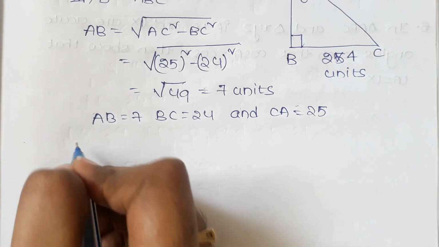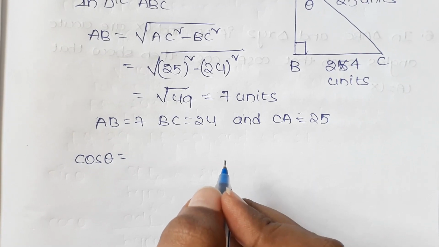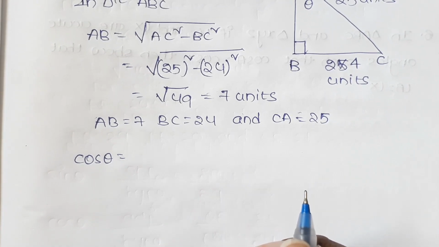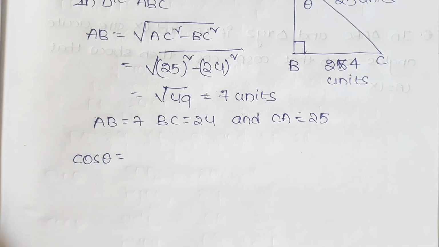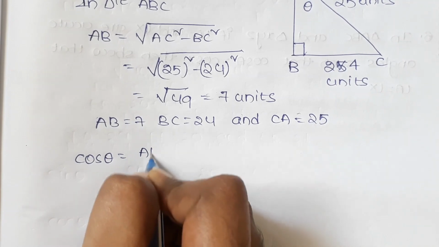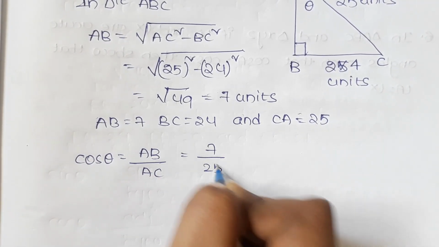And now let us see cos theta. We know that cos theta is nothing but adjacent by hypotenuse. Here adjacent by hypotenuse is nothing but AB by AC, that equals to 7/25.